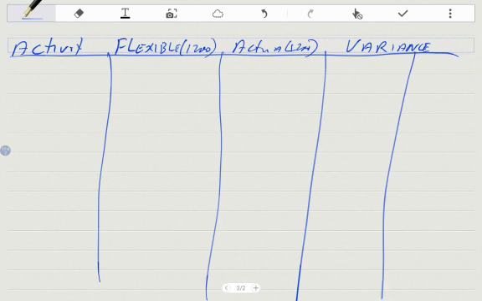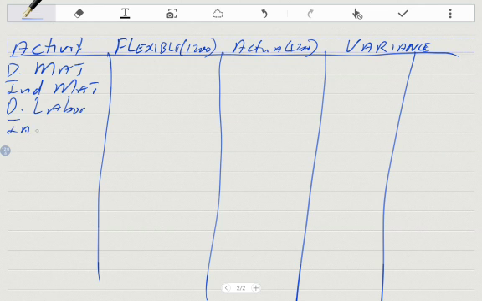Again, we look at your direct material, indirect material, direct labor, sorry, indirect labor. After the indirect labor, you've got your depreciation.